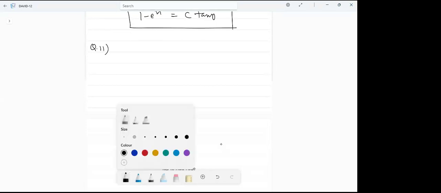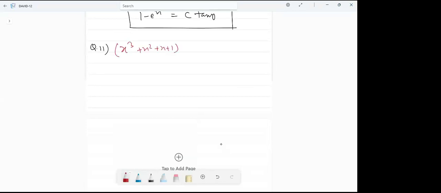We have (x cube plus x square plus x plus 1) dy over dx equals to 2x square plus x, with y equals to 1 when x equals to 0.